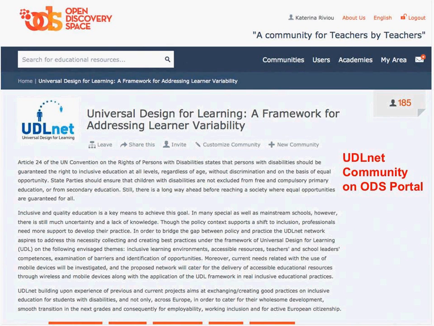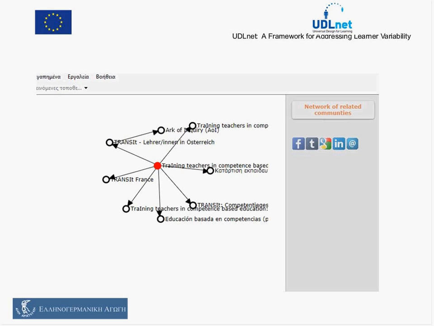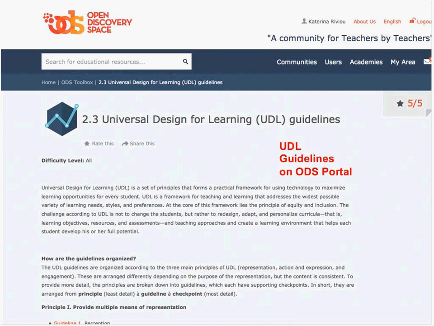So all interested people can register there, can log in there, see the available materials, and exchange and share your resources and practices. And our goal is to create sub-communities under the English community, national ones, so that we address the language barrier that exists among teachers of different countries.